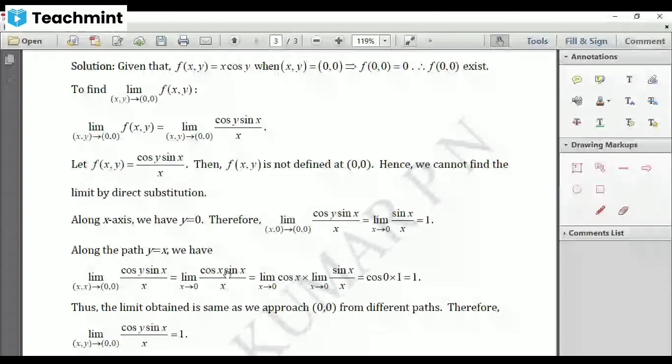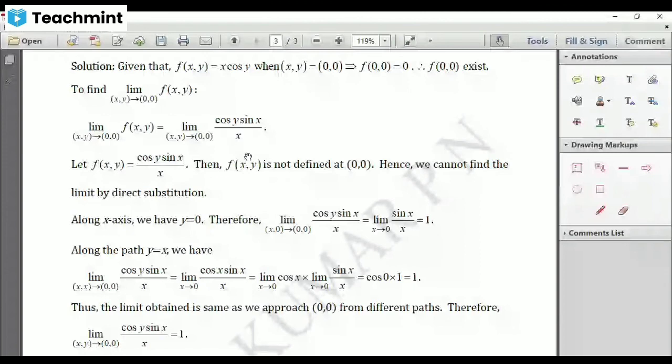Like this, if you consider different paths, for all of them you'll get 1 only, because we can separate this limit as the limit of cos y into the limit of sin x by x. The limit of sin x by x is 1. The limit of cos y as y tends to 0 is 1. So you'll get 1.